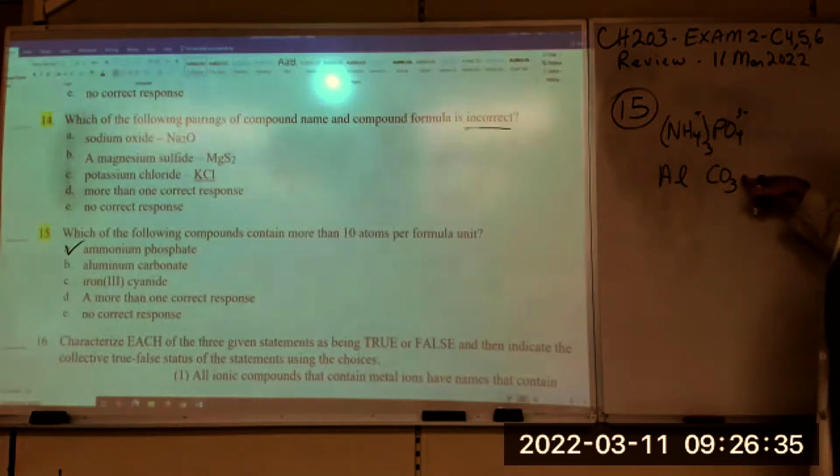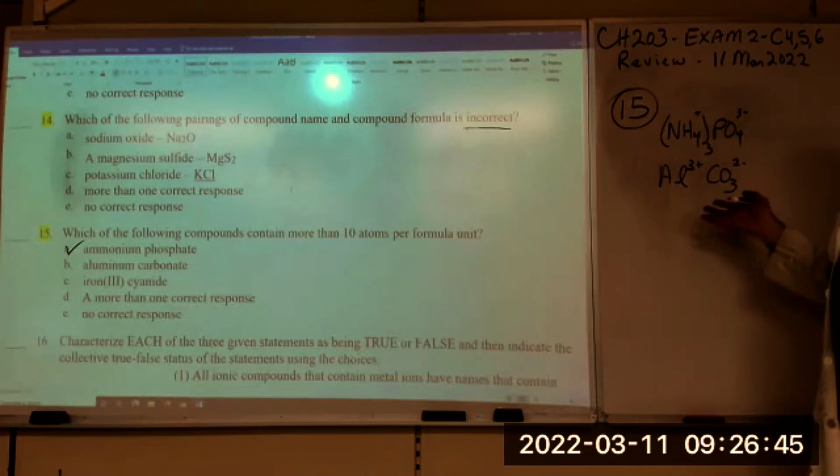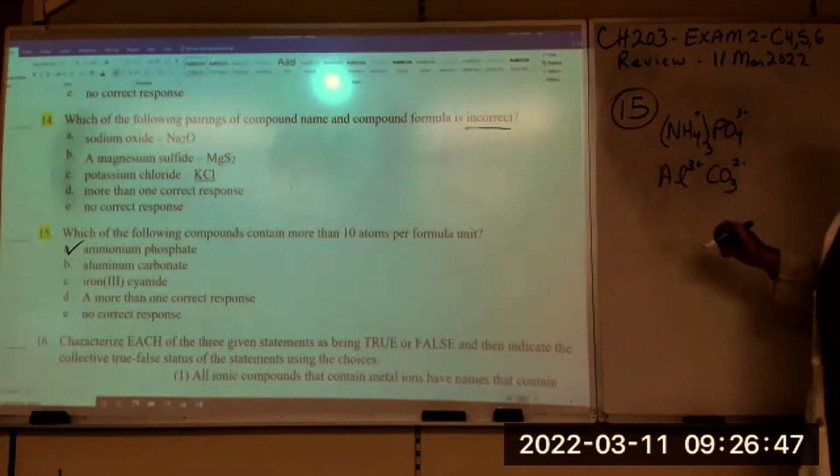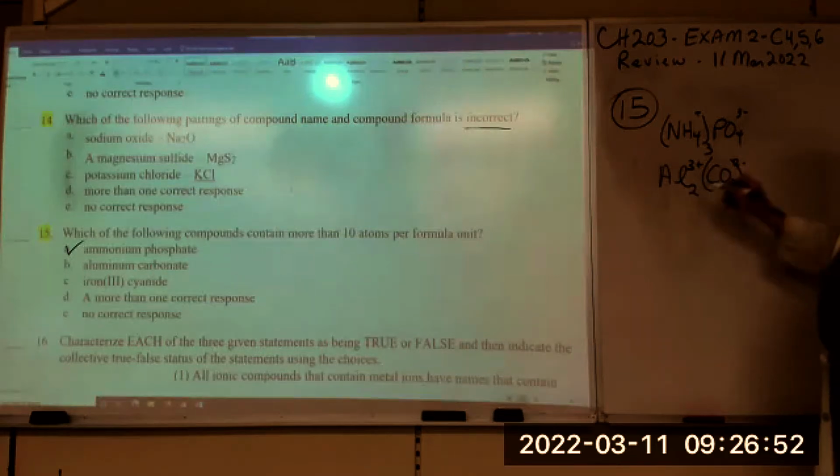Aluminum carbonate. Right? So that's a polyatomic. If you don't remember the charge, just look it up. 2-, 3+, right? Okay. So here's a case where cross multiply works pretty well. 3 over here, 2 over there. So we have 2 + 3 is 5, + 9 is 14.